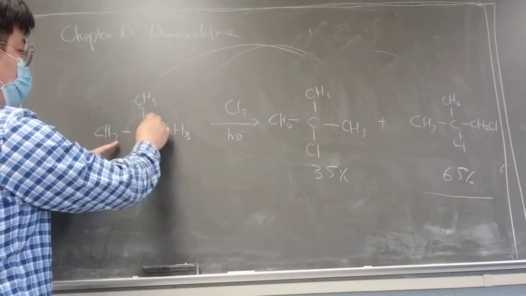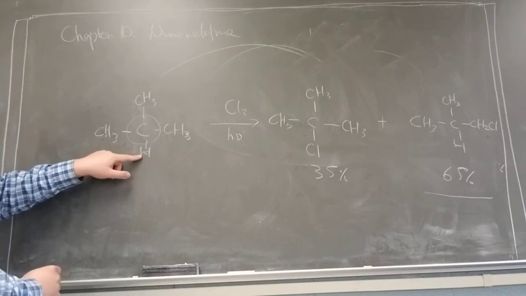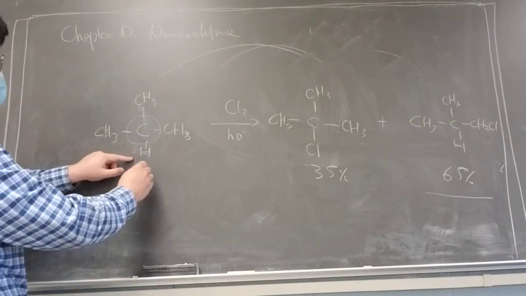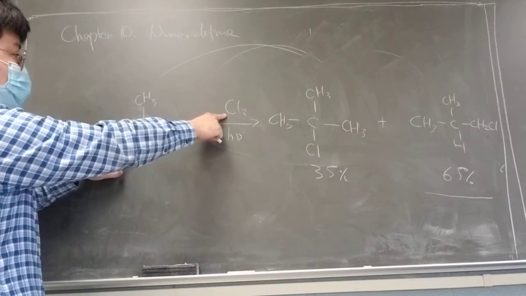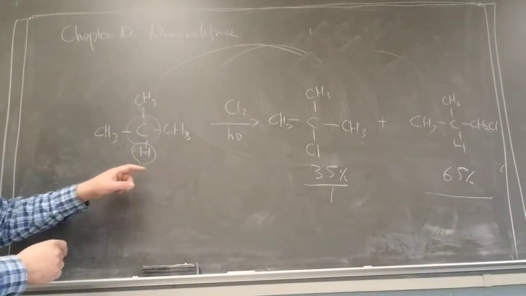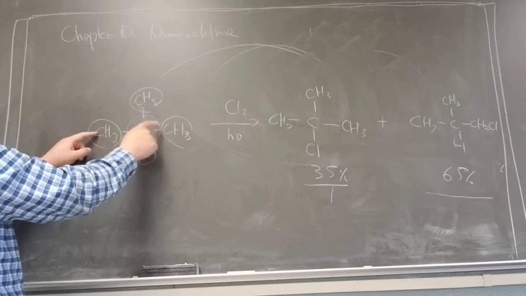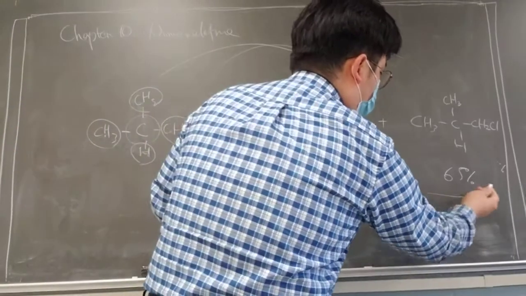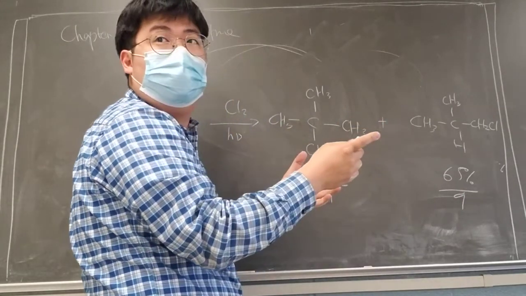In the internal carbon, only one hydrogen can be replaced by chlorine over here. So this is 35% over 1. But you have 9 hydrogen on 3 terminal carbons, so this one has to be divided by 9 for each individual hydrogen, right?